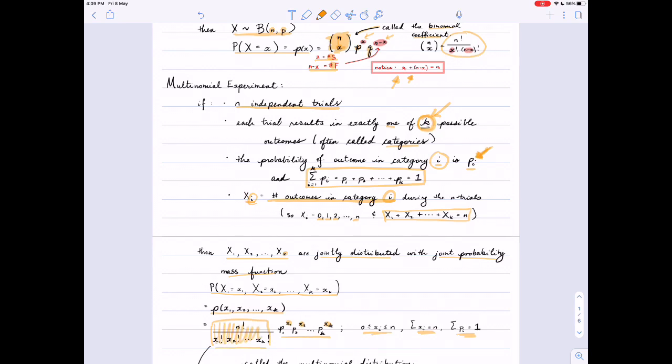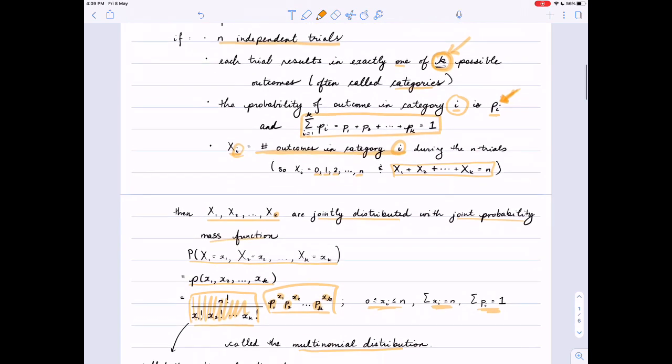So we'll talk about that more in just a second. You've got the product of all the probabilities, not times, but to the power of the number of outcomes in each category. It's exactly the same thing with just more categories.